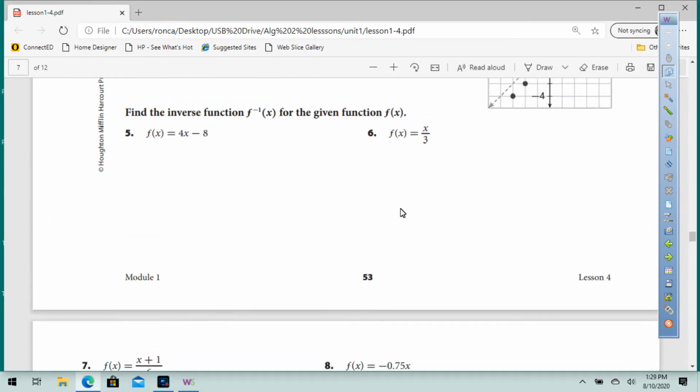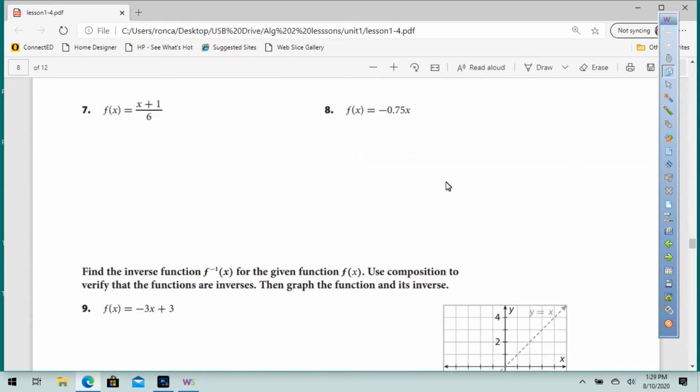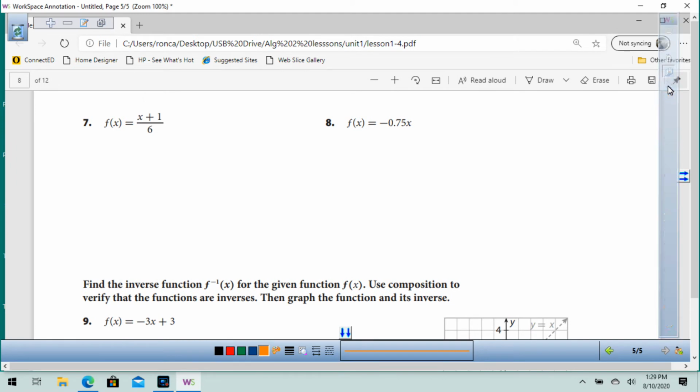Number 7. What do we do first? Replace the f of x with y.